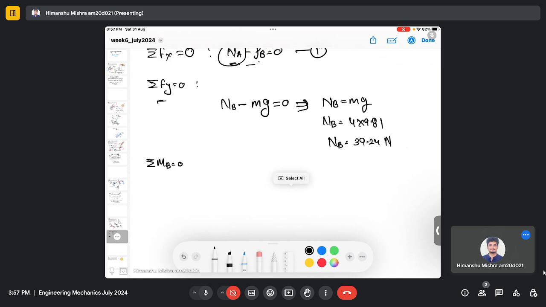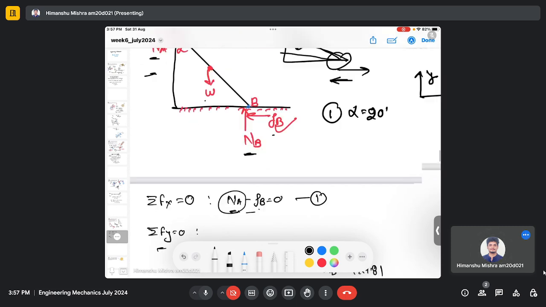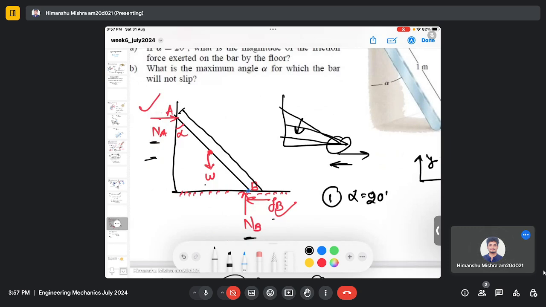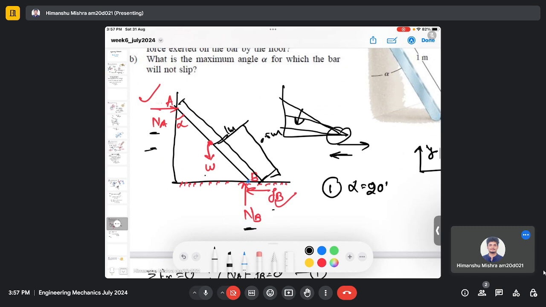So I will have the weight which is creating the moment. This distance is 0.1, and this distance then will be 0.5, and this distance, the perpendicular distance that we need to consider from the point of application of force to the point B, should be 0.5 sine alpha, right?